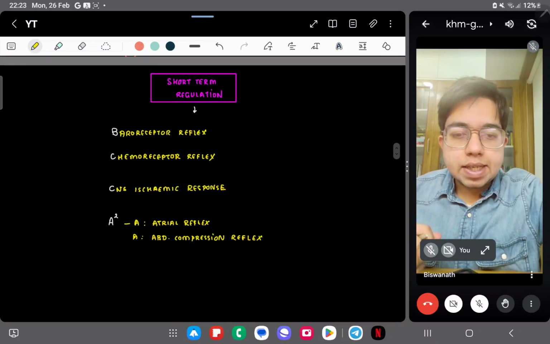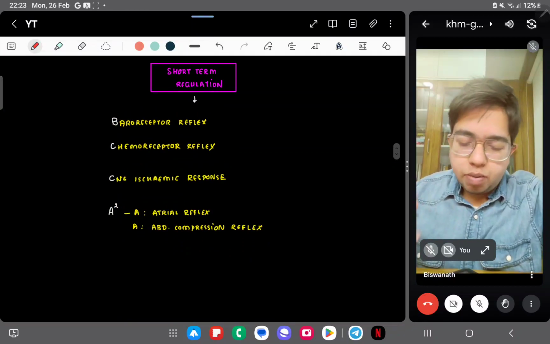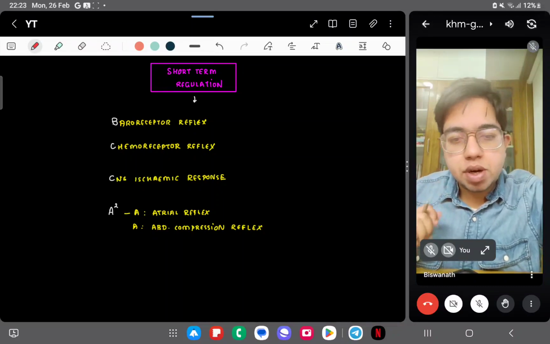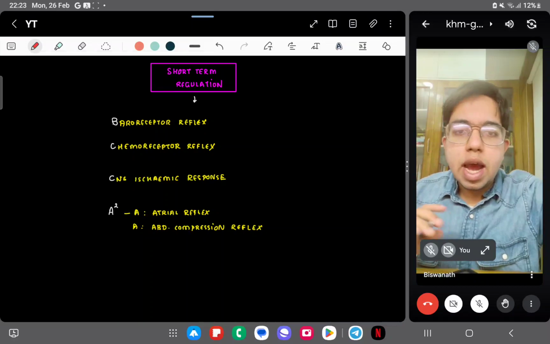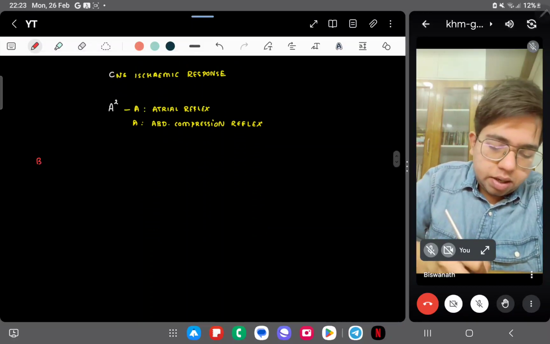These are the mechanisms in the short-term regulation of blood pressure: baroreceptor reflex, chemoreceptor reflex, CNS ischemic response, atrial reflex, and abdominal compression reflex. You can remember it very easily as BCCA.